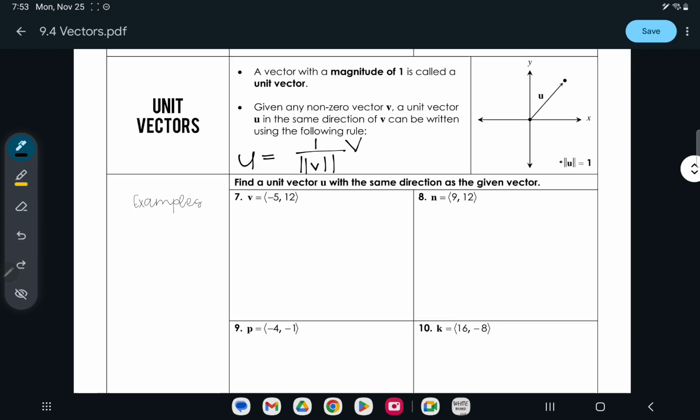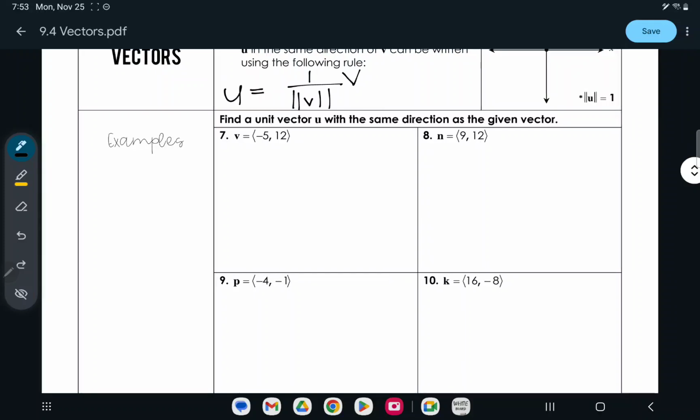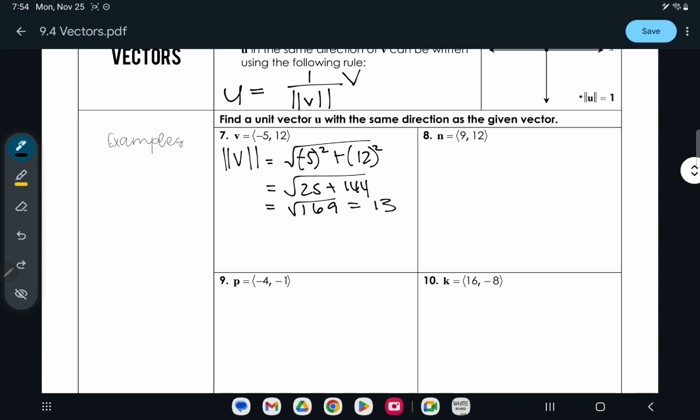So let's look at an example. Find a unit vector with the same direction as the given one. I need to find the magnitude of v first, which is the square root of the components squared. Negative 5 squared plus 12 squared is 25 plus 144, which is the square root of 169, a perfect square, 13.